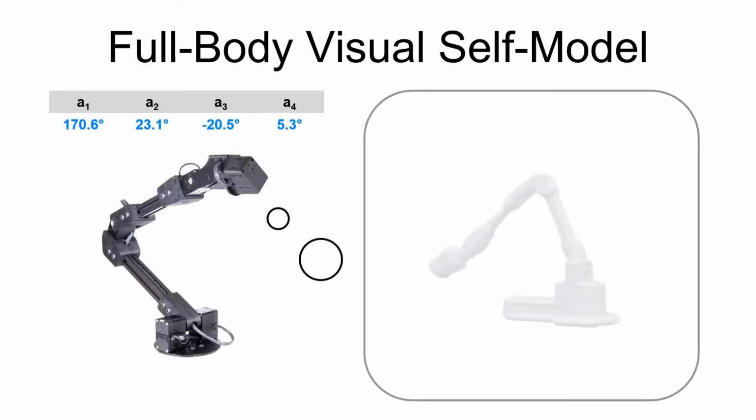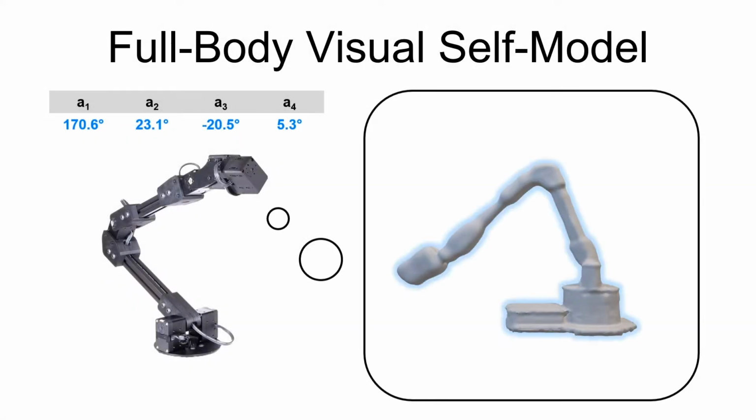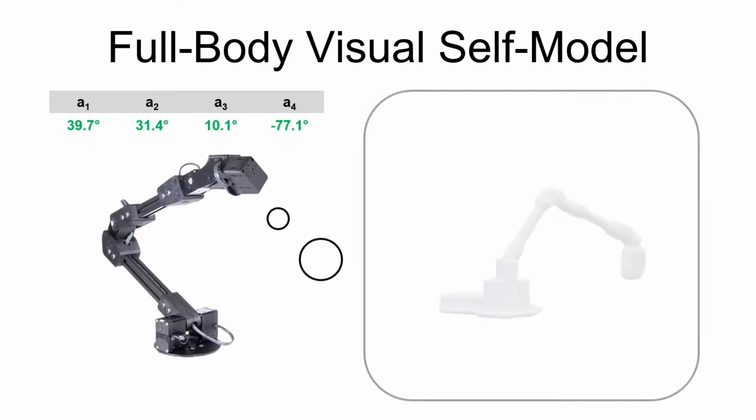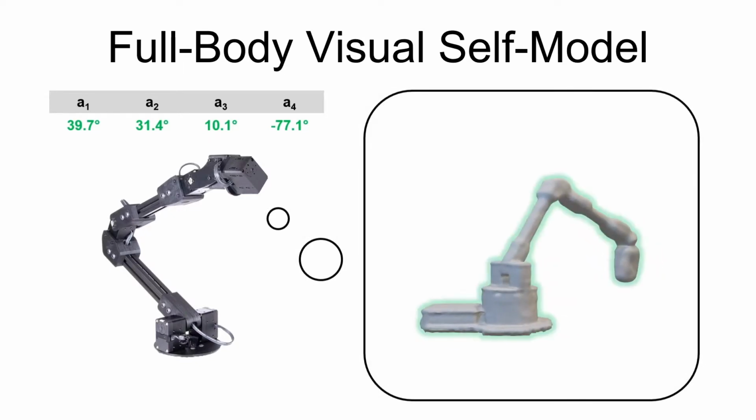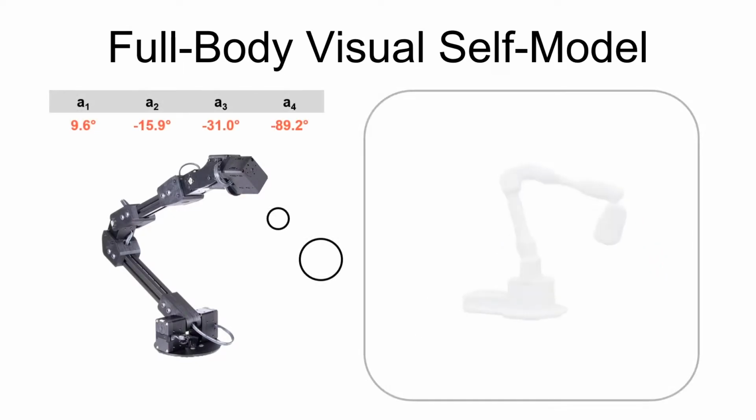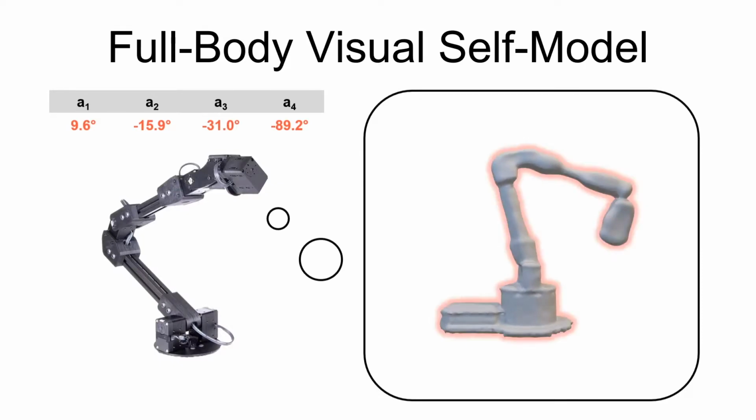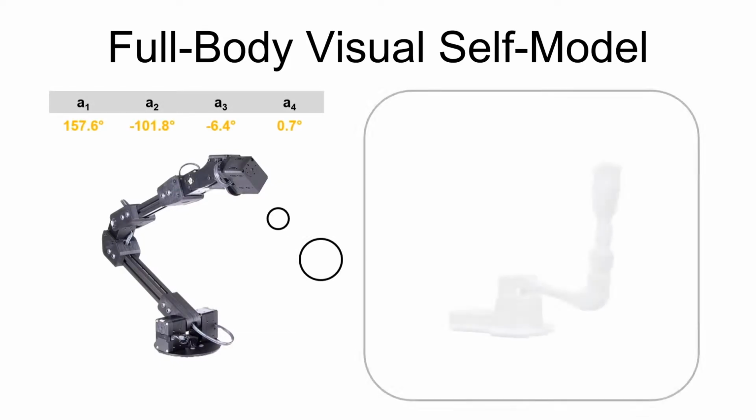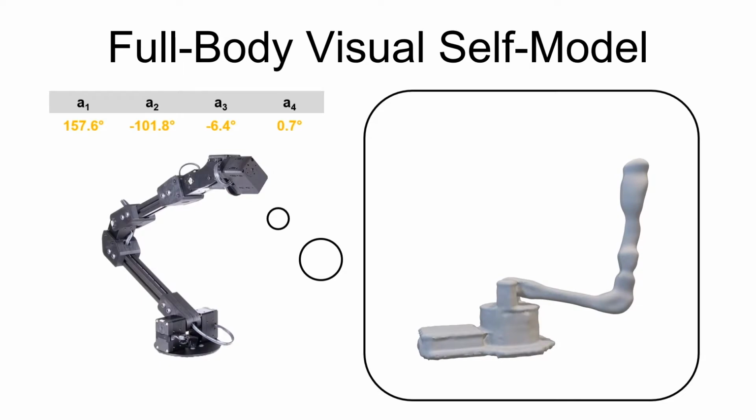In this paper, we present a full-body visual self-model that captures the entire robot morphology and kinematics using a single implicit neural representation. Our visual self-model is able to answer space occupancy queries given the current state or the possible future states of the robot.